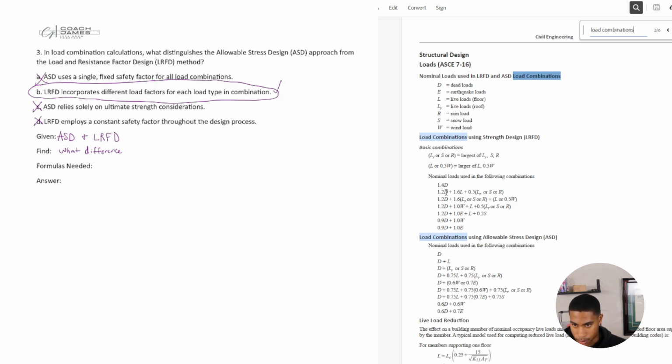Then you go to 1.2 D plus 1.6 live plus 0.5, and you incorporate these different variables. LRFD definitely incorporates different load factors for each of the combinations, whereas in ASD they don't put load factors in front of some of their combinations.